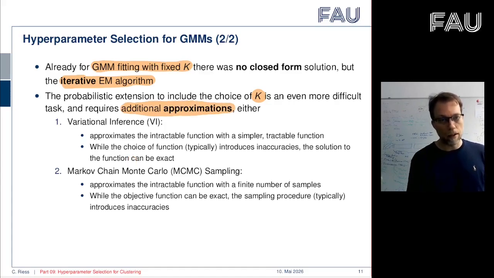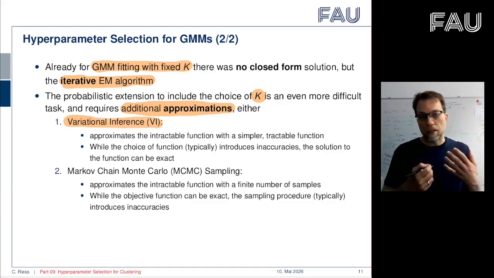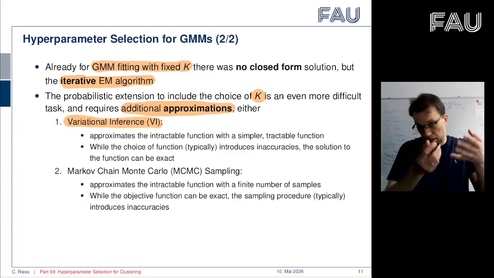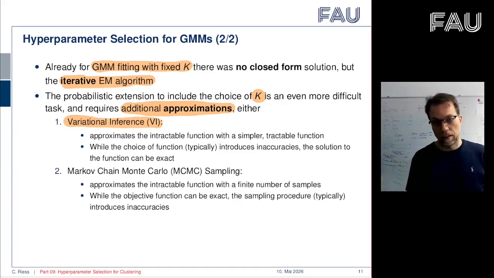So one direction in which we will look is the so-called variational inference. The idea of variational inference is to approximate an intractable function, like our fitting function for the Gaussian mixture model with variable K, with a simpler tractable function.